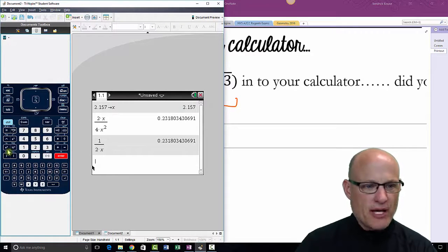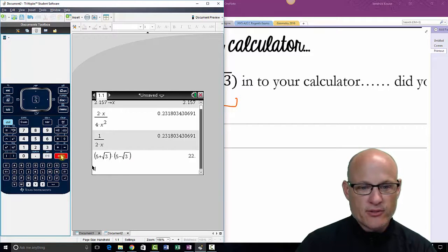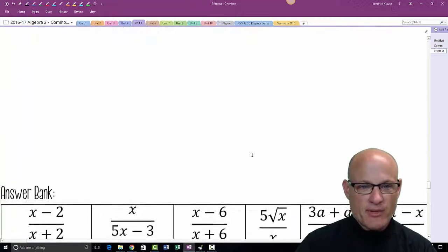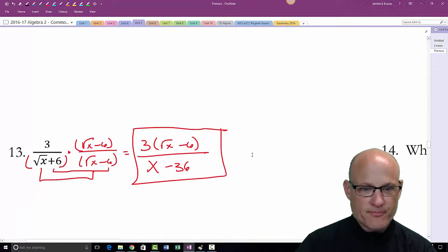So if I multiplied parentheses 5 plus radical 3 times 5 minus radical 3, like I did earlier, and I enter, I get 22. And I come back over here, where was that problem?